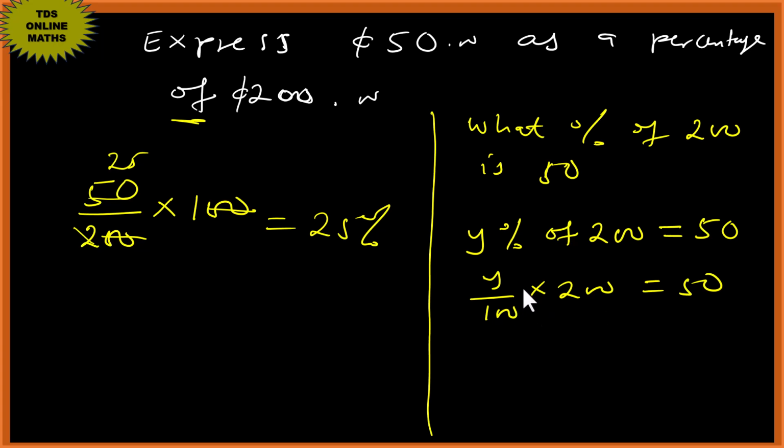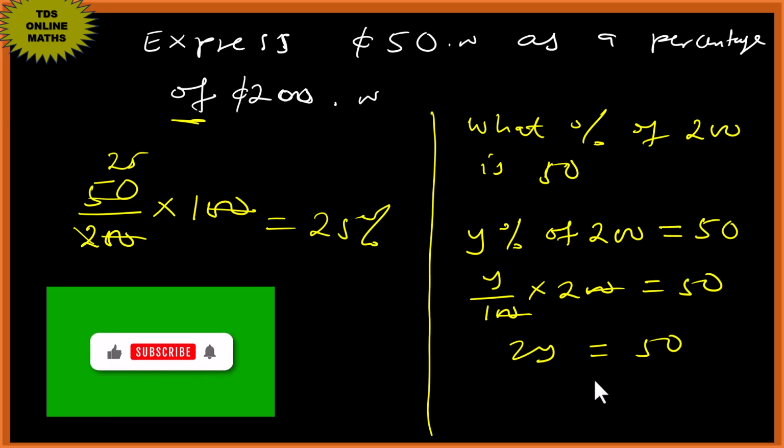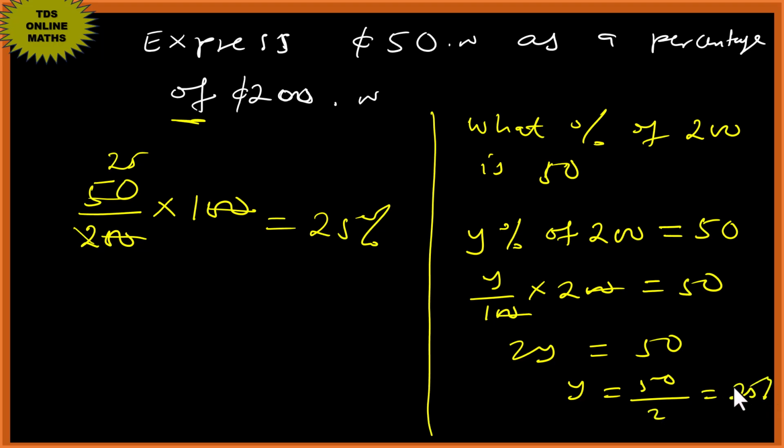The result will be the answer. So this one will cancel this, and we have 2y equals 50. So y is 50 on 2, which is 25%. So we have the same answer. You can choose to go by any of the methods.